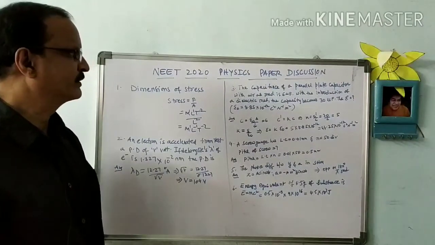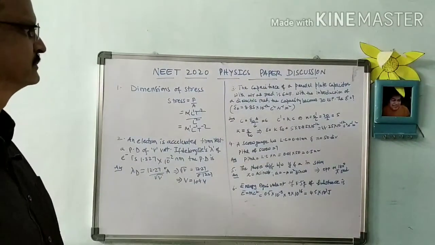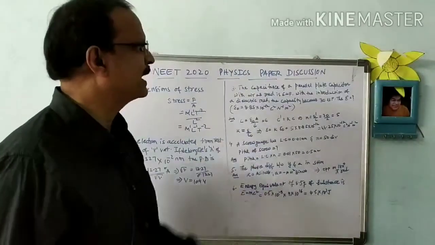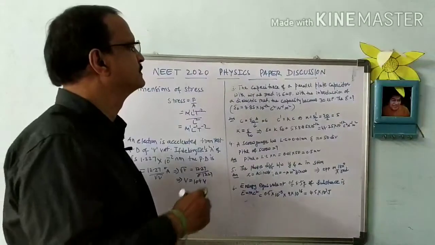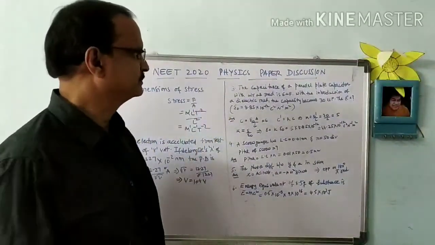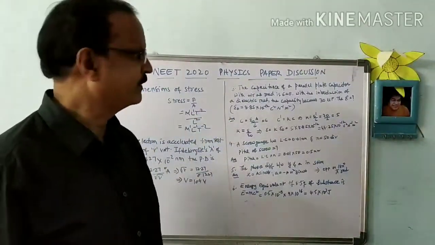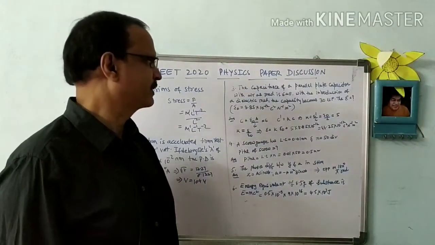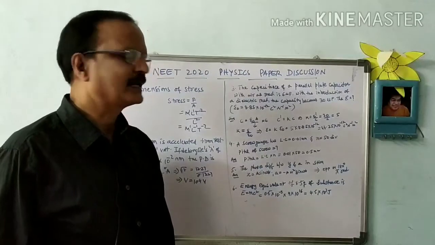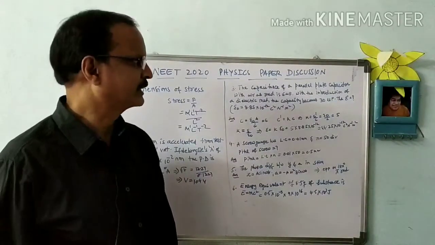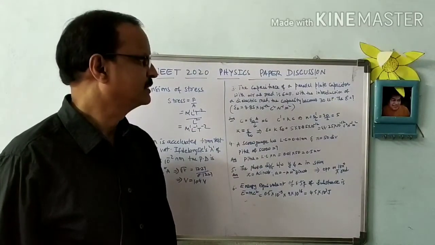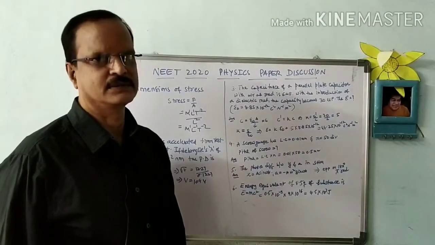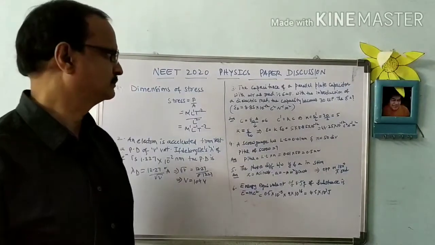Next, the third question is in electrostatics, on capacitors. The capacitance of a parallel plate capacitor with air as the medium is 6 microfarads. With the introduction of a dielectric medium, the capacitance becomes 30 microfarads. He asked us to find the permittivity epsilon of the medium.